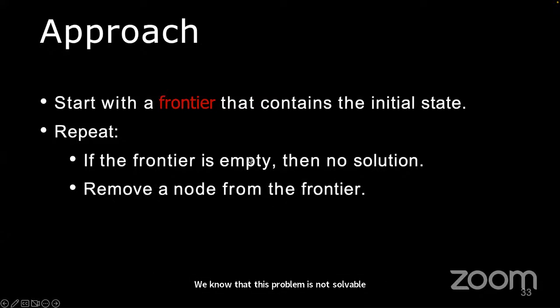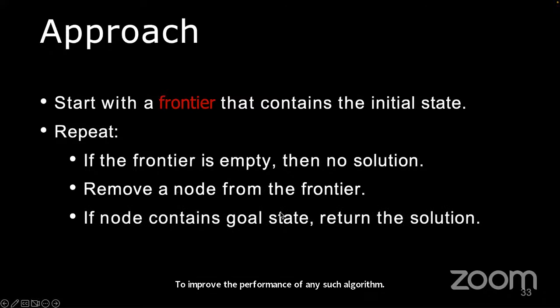At the next step, we remove a node from the frontier, and we will see very soon that the order of removing the node is very important to improve the performance of any search algorithm. After removing the node, we check whether the node contains the goal state.